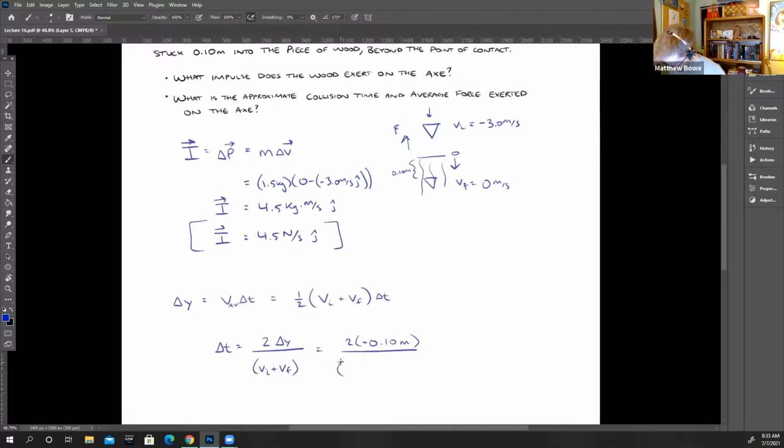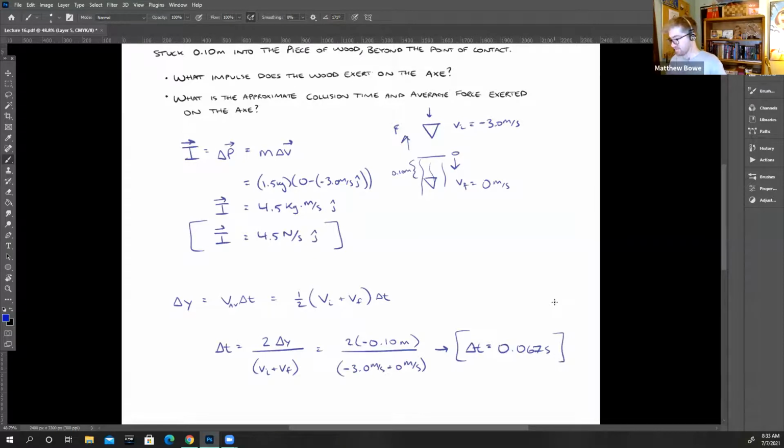And we have these two velocities that we know. Let's just go straight to the result: 0.067 seconds for the axe to come to a stop.